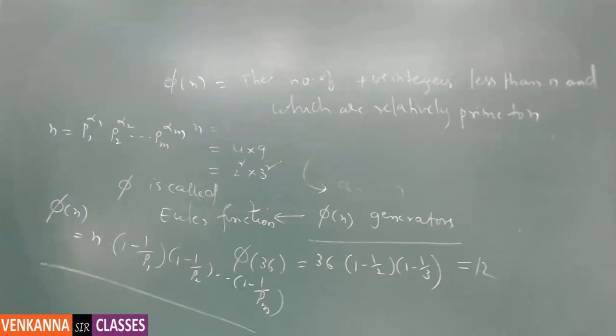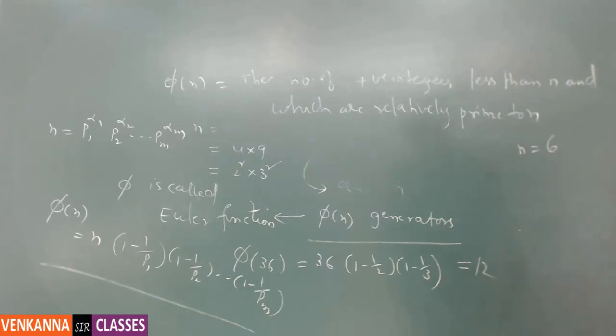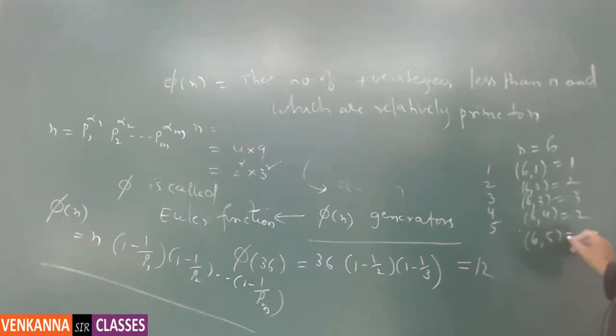The Euler function is defined in such a manner. For example, take the small case that n is equal to 6. The positive integers less than n are 1, 2, 3, 4, 5. Among these values, you consider which are relatively prime to 6. GCD of 6 comma 1 is 1, GCD of 6 comma 2 is 2, GCD of 6 comma 3 is 3, GCD of 6 comma 4 is 2, GCD of 6 comma 5 is 1.